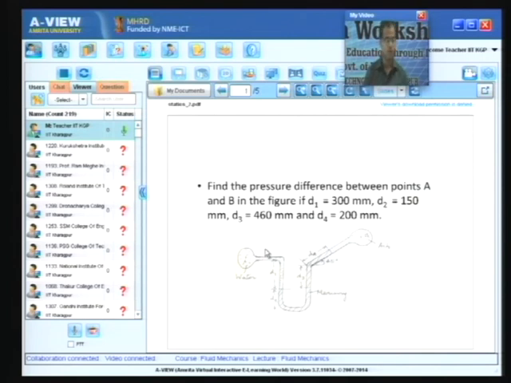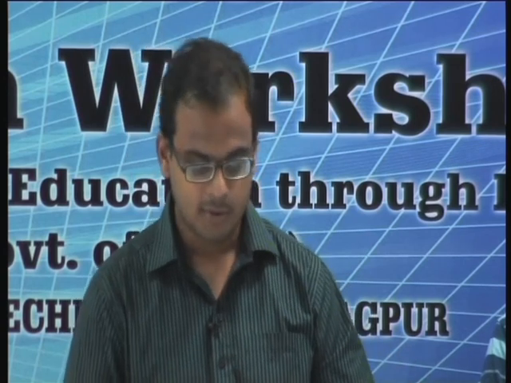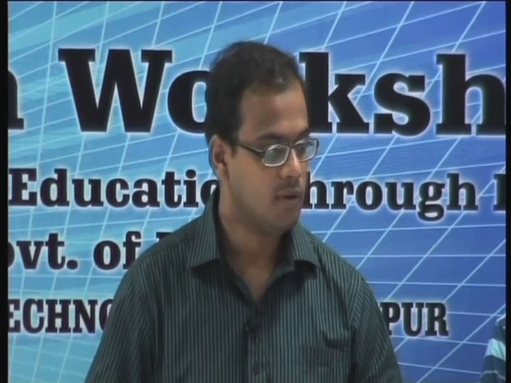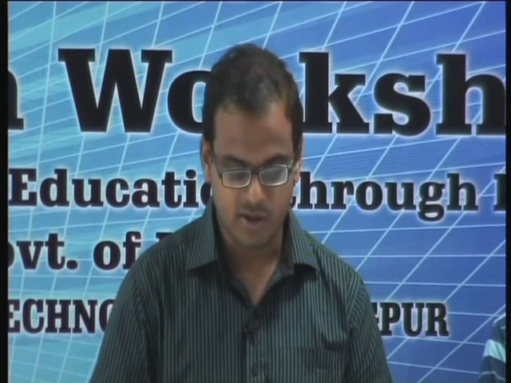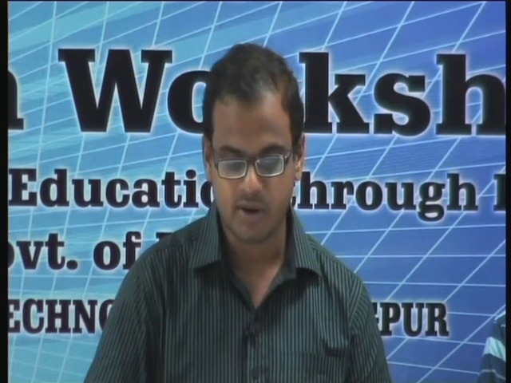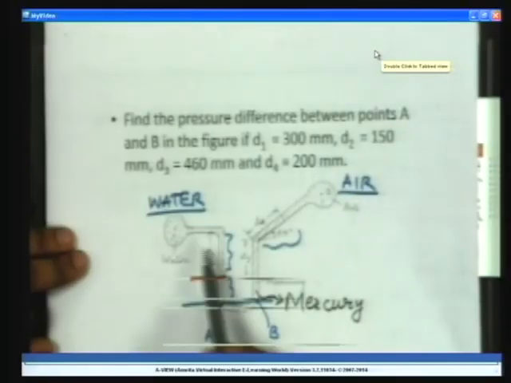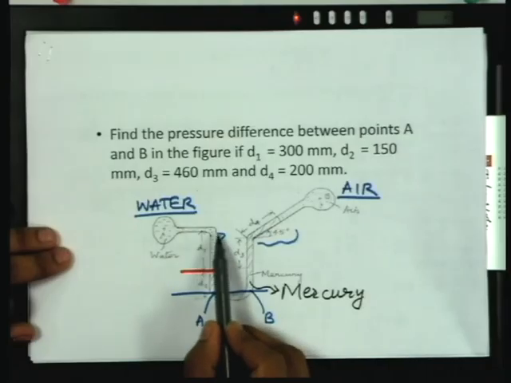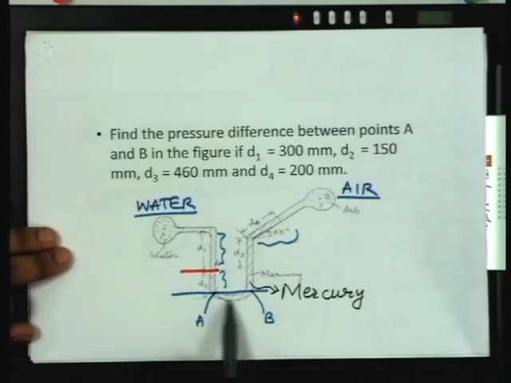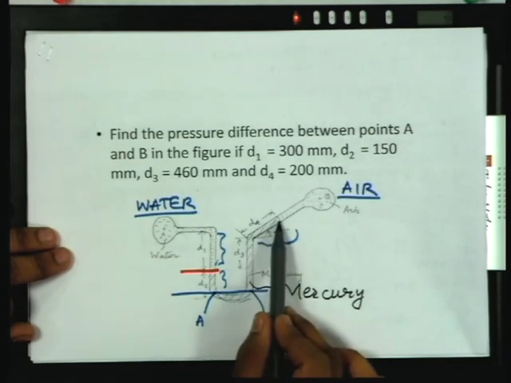If we have a look at the figure here, the first bulb contains water and the second bulb contains air. This section contains water, this section contains mercury.